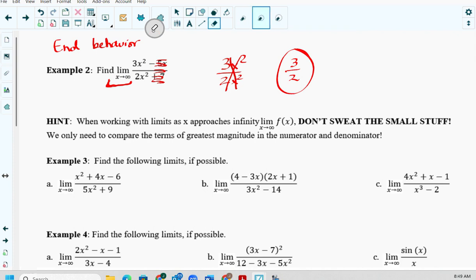You can also think of it, if you don't want to cancel it out there, plug in the infinity. So 3 infinity squared over 2 infinity squared. Do you see there how the infinity squareds will cancel out? Like if that makes more sense to you, do that. And you're left with 3 halves. Okay.